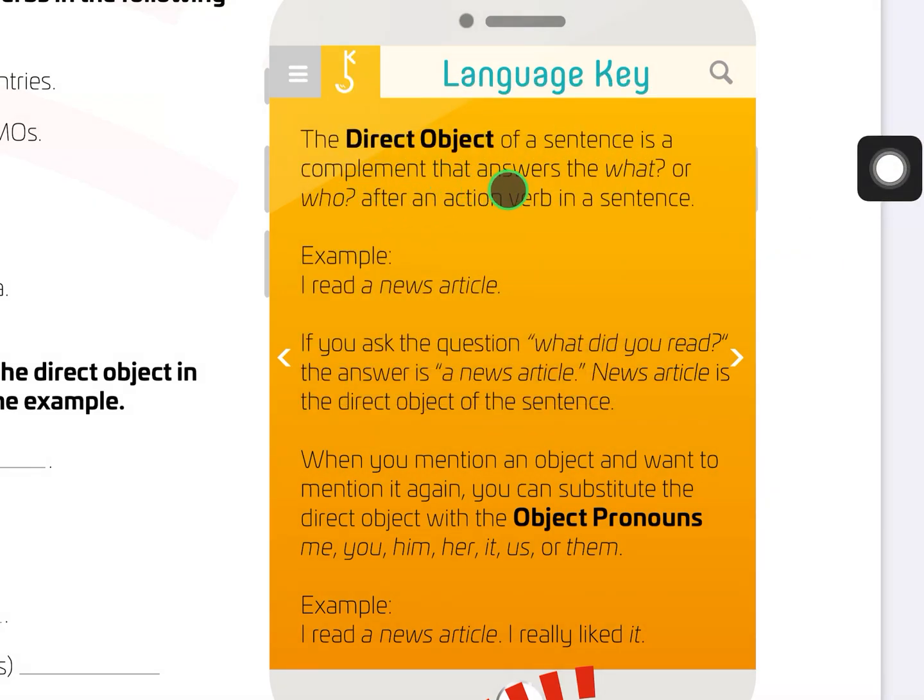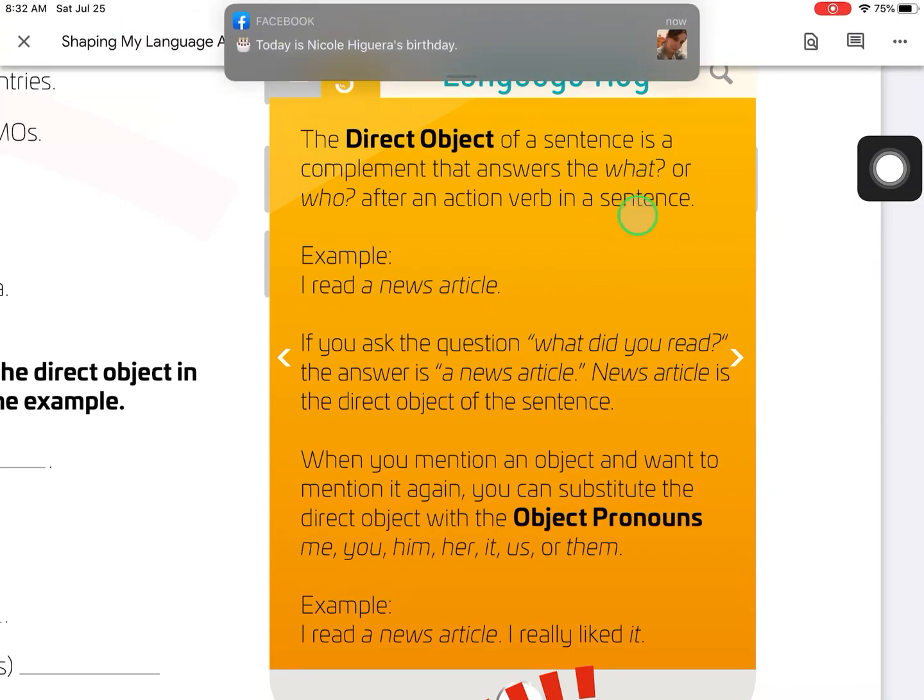So the direct object of a sentence is a complement that answers the what or who after an action verb in the sentence. Example, I read a news article. Yes, so that is the complete context for a topic that you are going to describe.